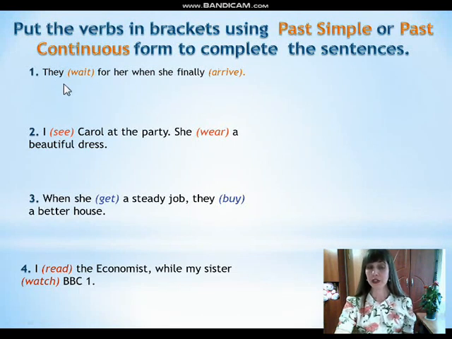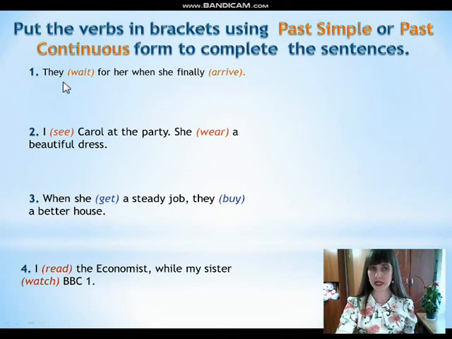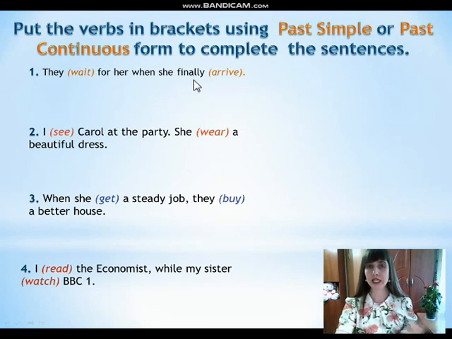So, in the first sentence we read, they wait for her when she finally arrived. Let's think. So, in the first sentence we have a long action. They wait for her, right? Long action, long. And this long action was interrupted by the other action in the past, so arrive.